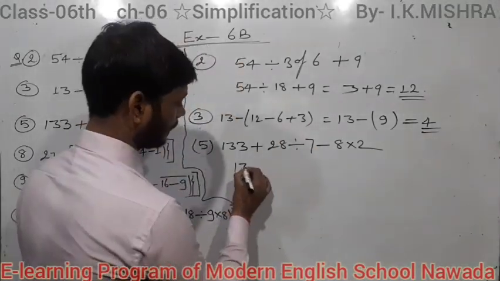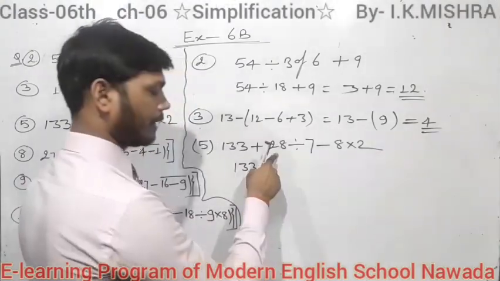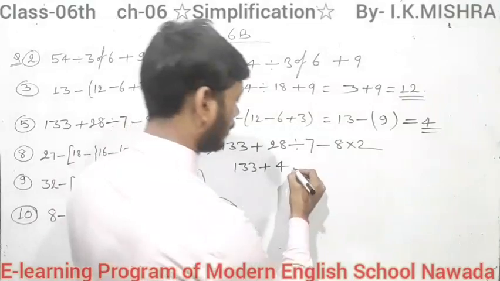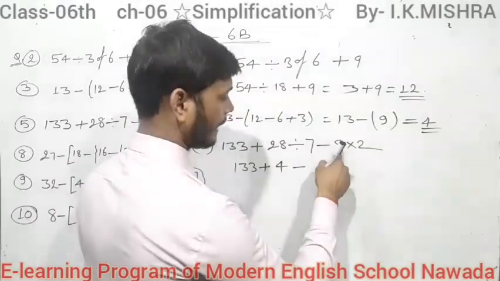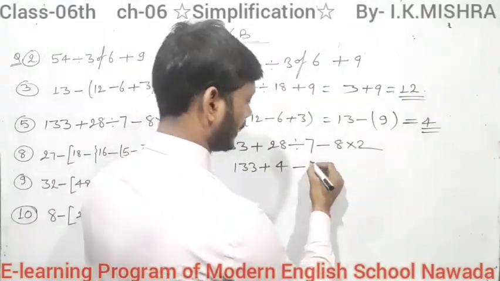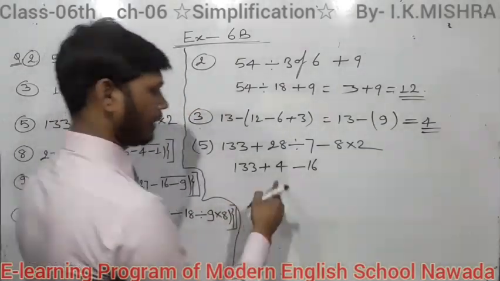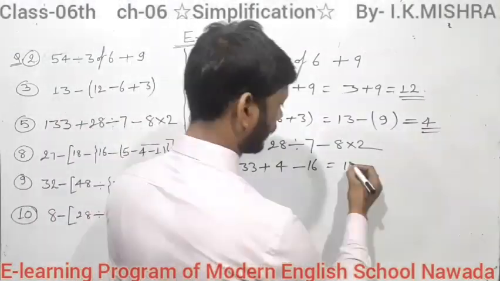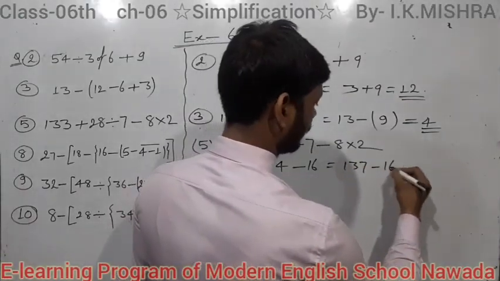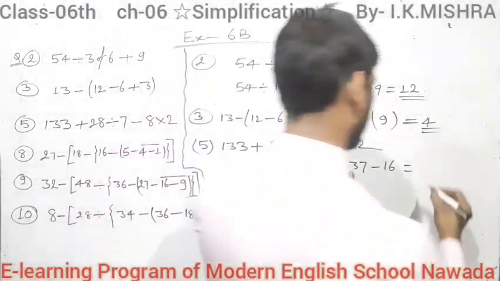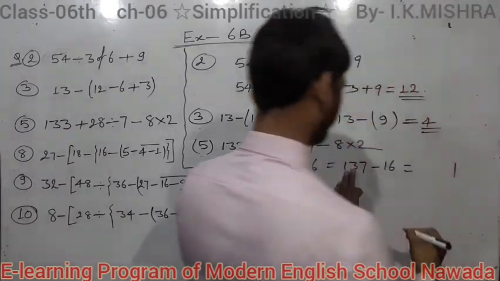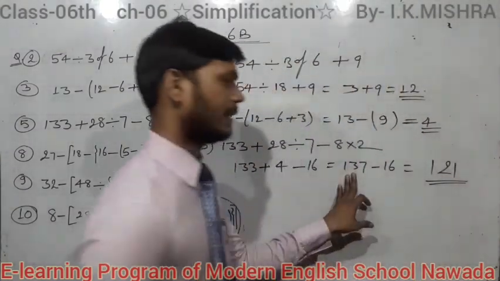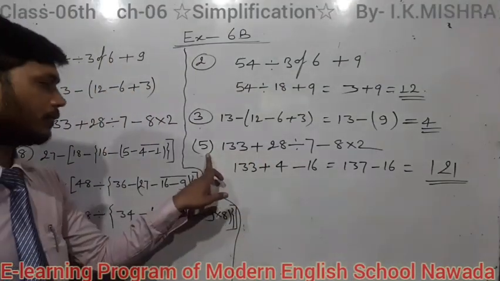So here 133 plus 28 divided by 7, that means 4, times 4 minus 8 into 2, 16. Now students, here add and subtract. 137 minus 16, and after that 121 is the answer of question number 5.